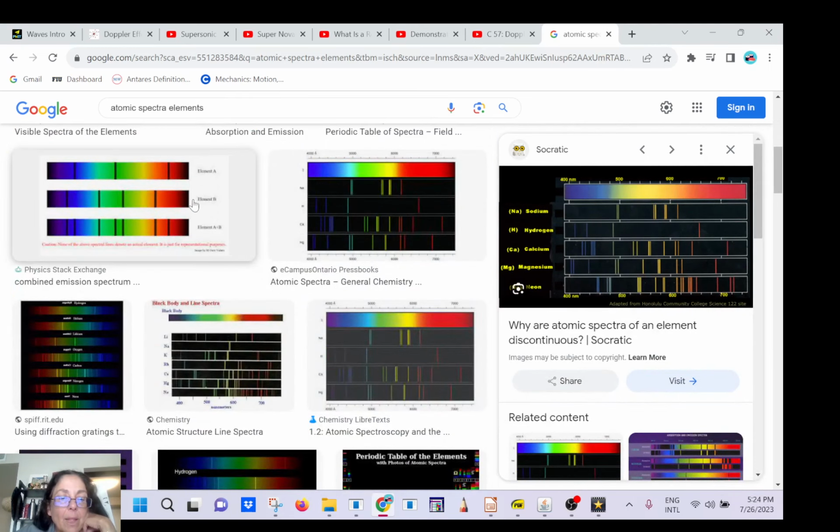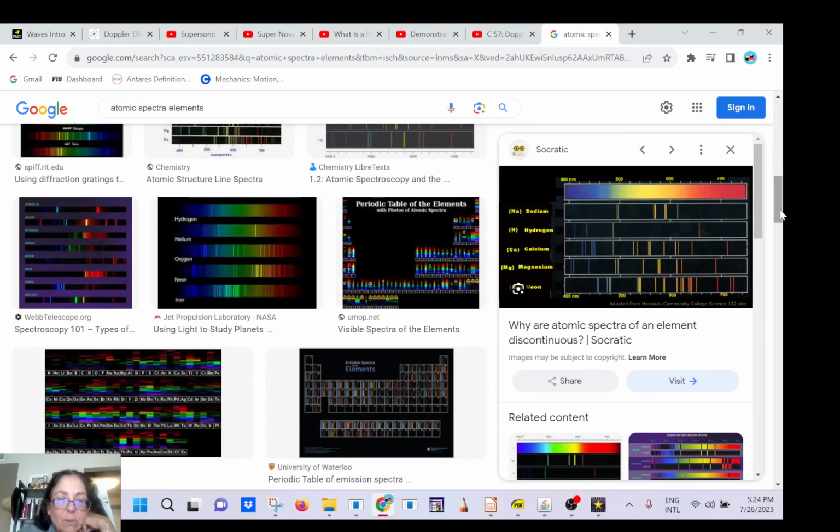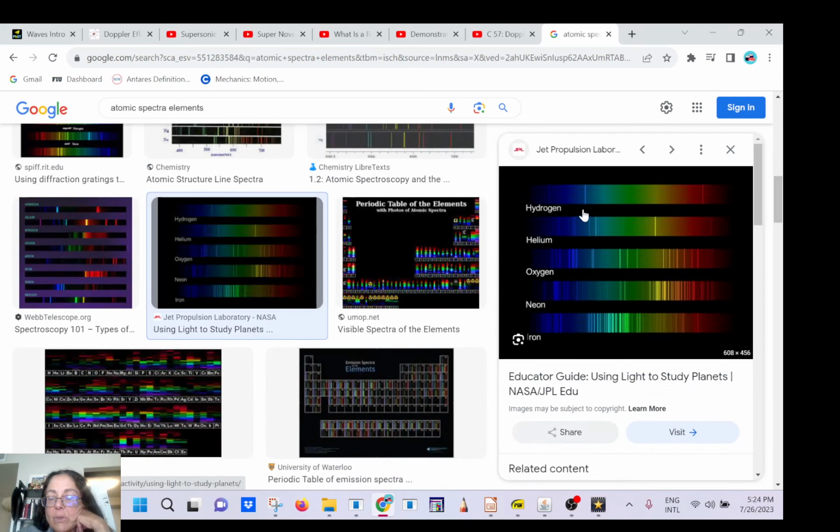Any source of light, if you look at that light through a prism, you're going to see those black lines. Each black line will match with a wavelength. I hope it was clear. For hydrogen, you expect a line in the blue and a line in the red. Helium will be a yellow one here, and so forth and so on.